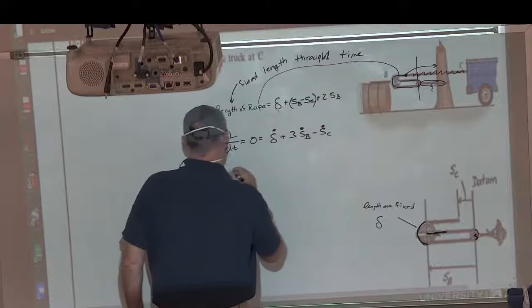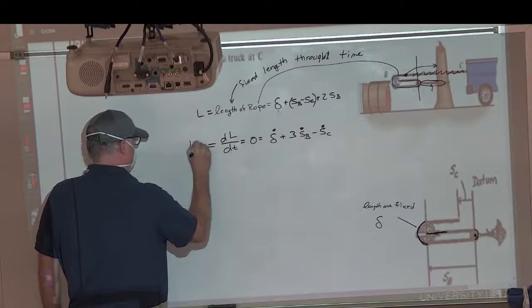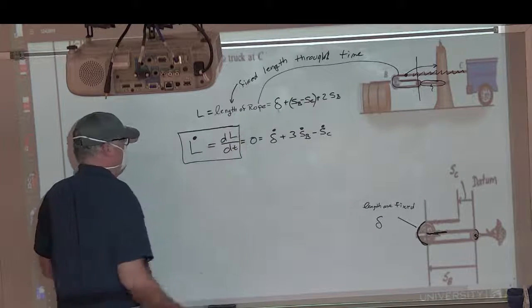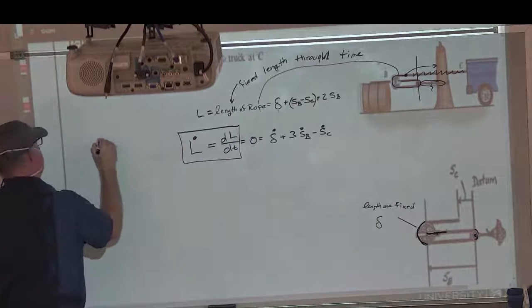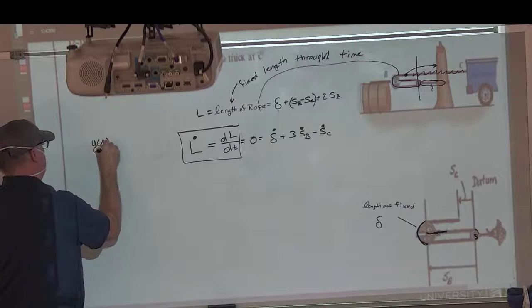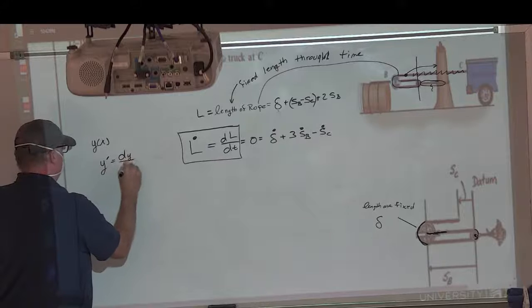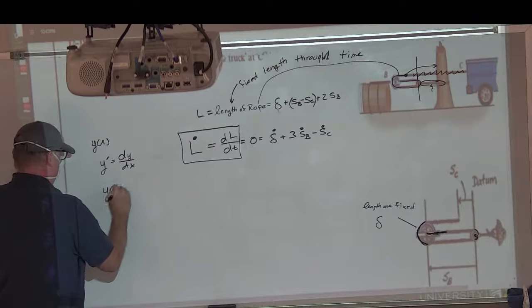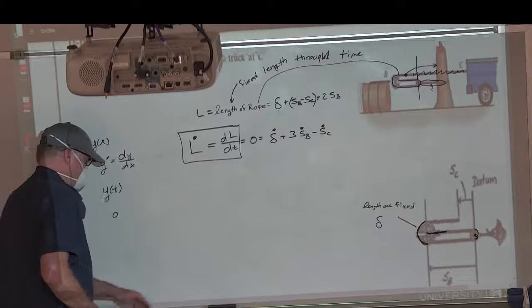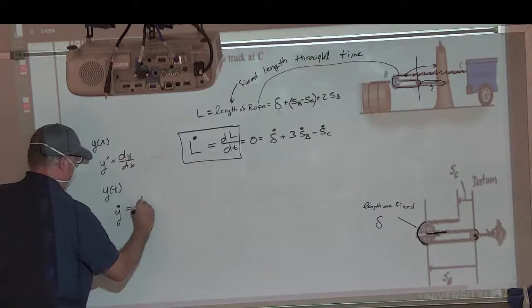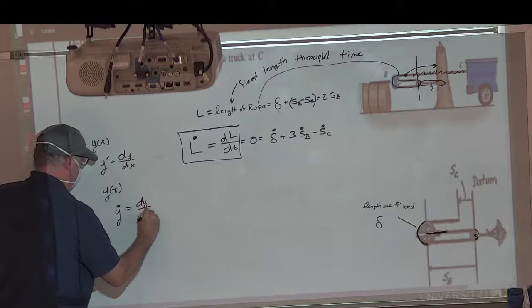Now, take the dot, where actually the definition of the dot is time derivative. You've seen that before. Y is a function of x, y prime is equal to dy/dx. Y is a function of time, y dot is equal to dy/dt.